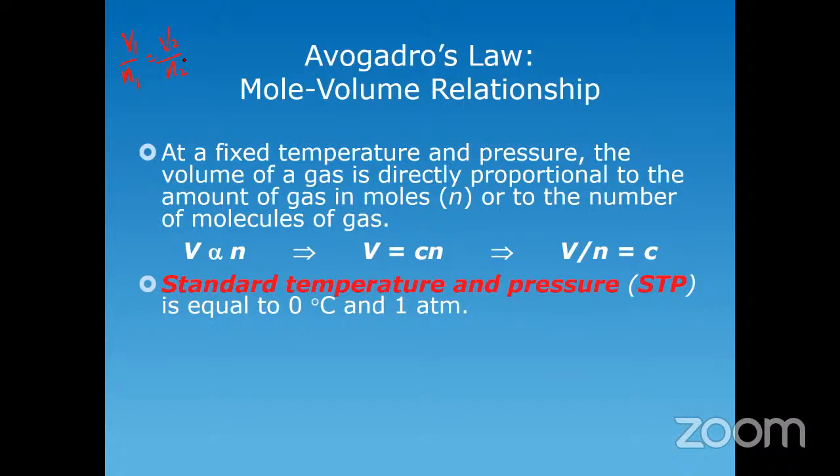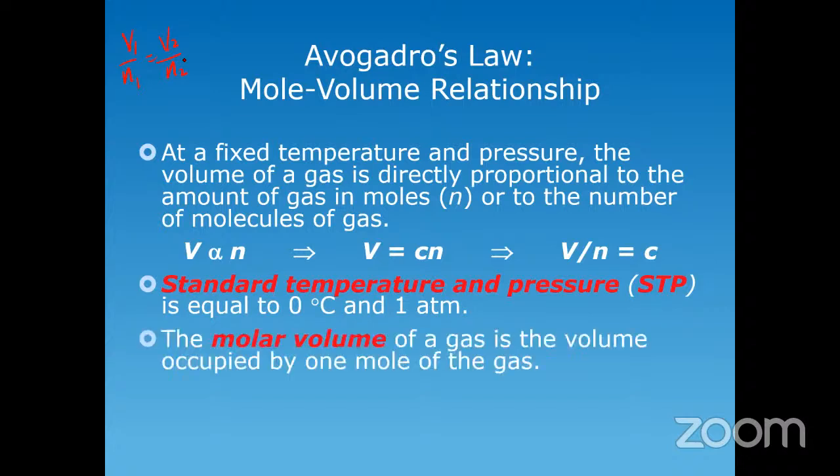So the powers that be decided that the standard temperature would be 0 degrees Celsius and the standard pressure would be 1 atmosphere. And of course, 0 degrees Celsius is the same thing as 273 Kelvin, all right? So whenever you see a question saying STP condition, standard temperature and pressure, then you should immediately understand that they're talking about those values I just mentioned, temperature being 273 Kelvin and the pressure being equal to 1 atmosphere.